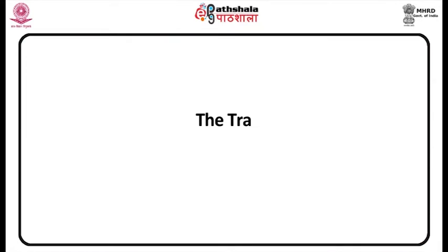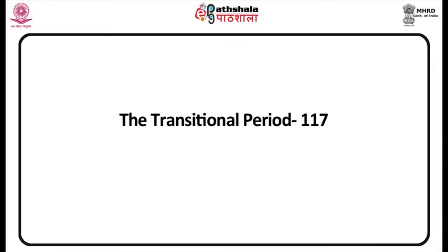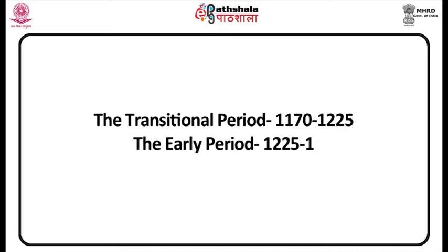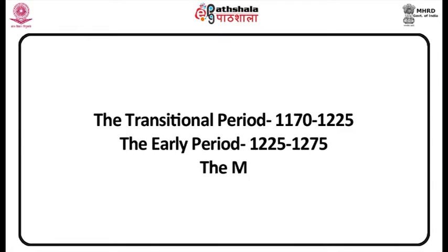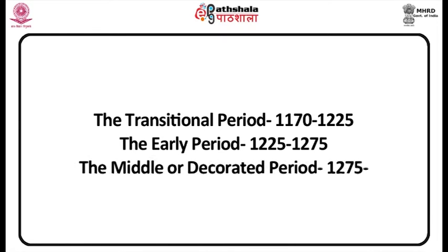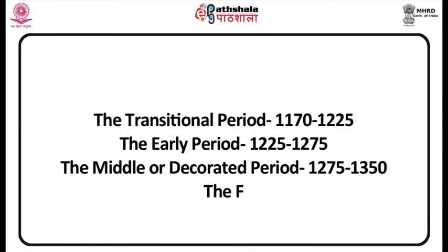Chronologically, the periods may be broadly stated as follows. The transitional period, 1170 to 1225. The early period, 1225 to 1275. The middle and the decorated period, 1275 to 1350.